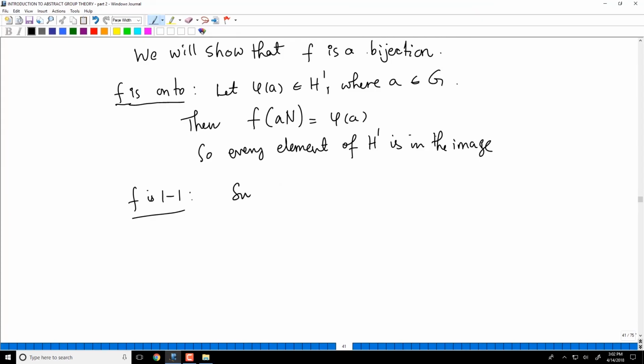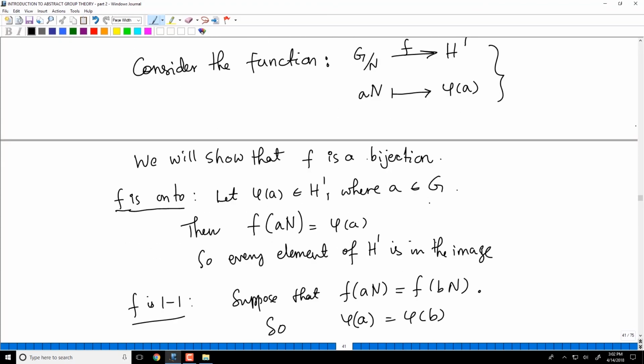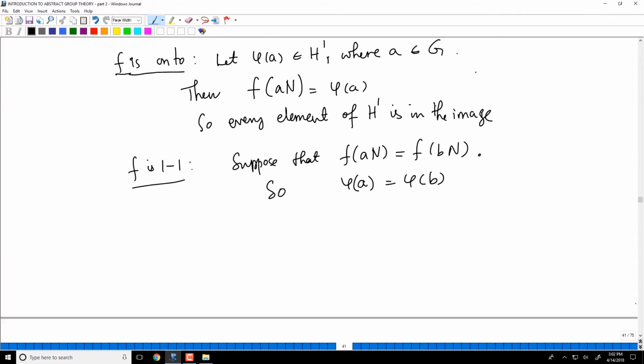So suppose that f of aN equals f of bN. So take two cosets which have the same image under f. This means phi of a is equal to phi of b, because f of aN is by definition phi of a and f of bN is by definition phi of b.